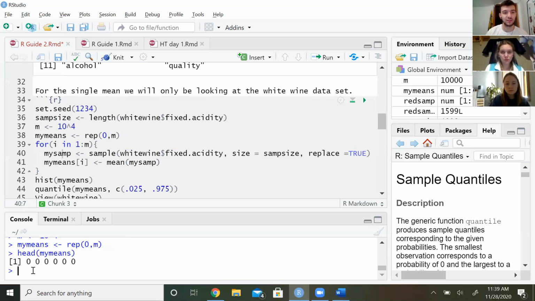It takes entries from white wine fixed acidity. The number of samples it takes is the sample size, and replace is true, meaning that since the sample size and the white wine fixed acidity are the same length, some entries might not get represented, as others might get represented 2 or possibly 3 times.